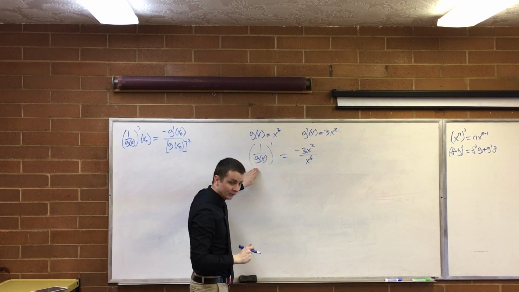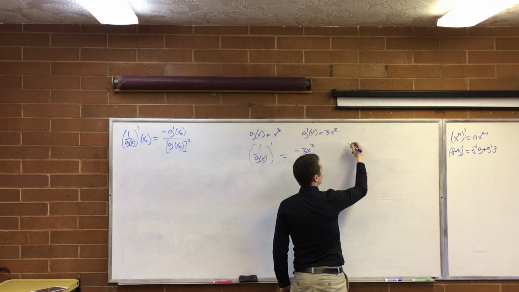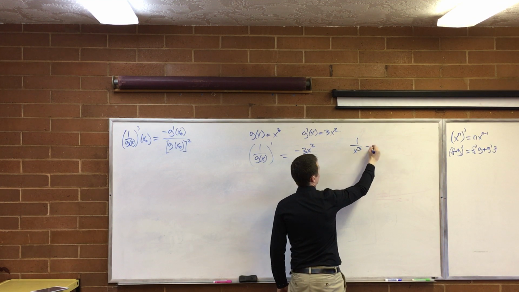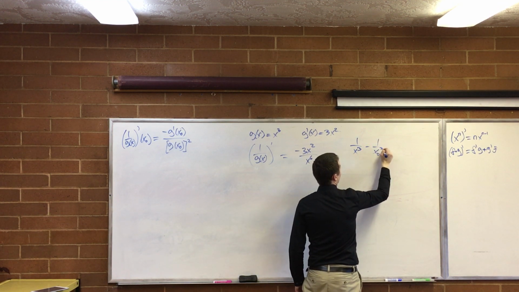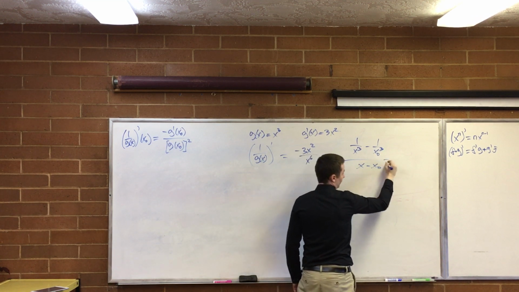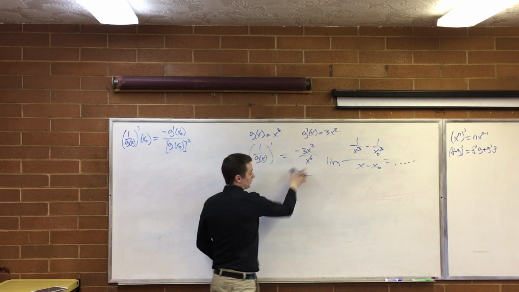If I were to do it longhand and actually calculate the derivative of 1 over x cubed minus 1 over x naught cubed, all over x minus x naught, and take its limit, with all the algebra, I'd eventually get this.